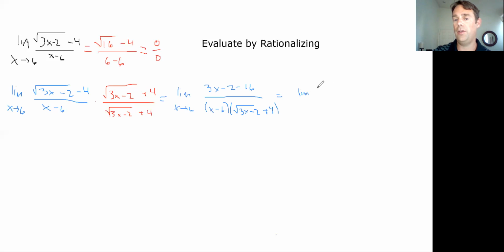I combine my like terms. I get 3x minus 18 on top. I have x minus 6 on the bottom. And then I have my radical 3x minus 2 plus 4.